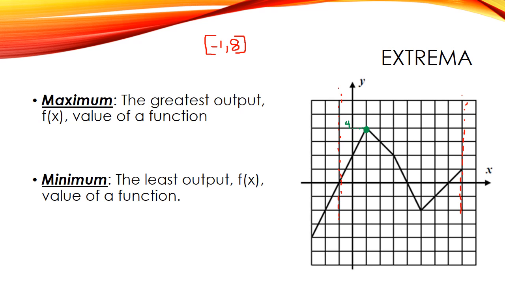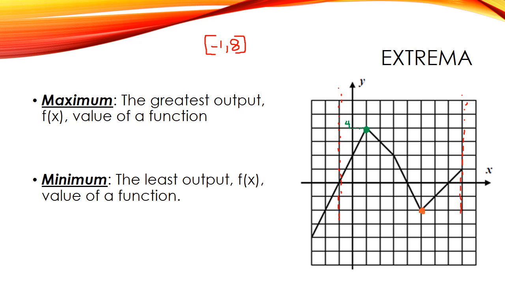The minimum value of a function is the least output, f of x or y value, that you see on this graph. So in this case, the least y value that we have on this graph belongs to this point, which is the lowest point of the graph.